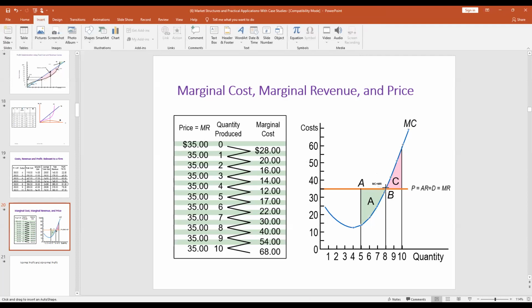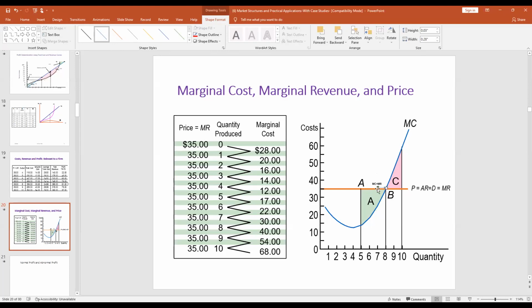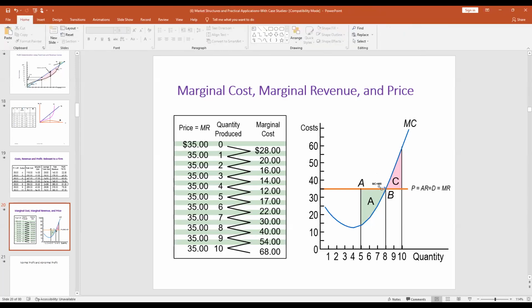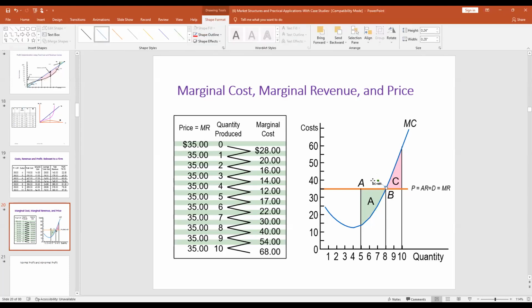You can see this arrow. This is MC equal to MR. Right? This point is MC equal to MR.